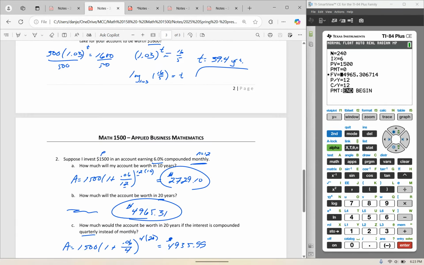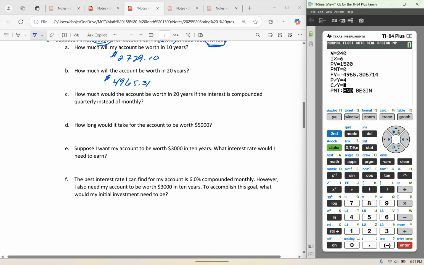How much would the account be worth in 20 years if the interest is compounded quarterly instead of monthly? Now, the first thing I'm going to need to do is change my PY and CY to 4. CY is 4 because we're compounding the interest quarterly, which is 4 times per year. Payment's still 0. We still invested $1,500 at 6% interest.